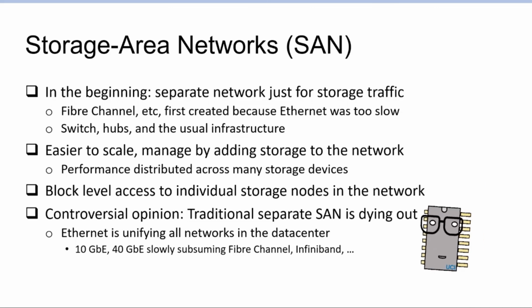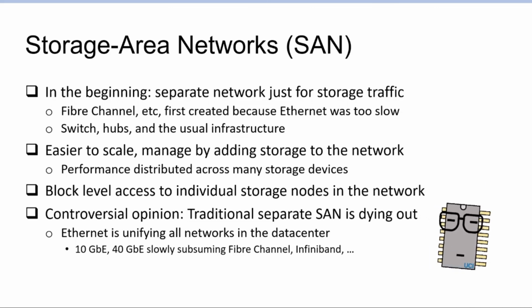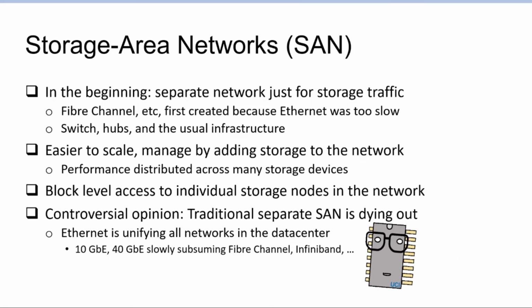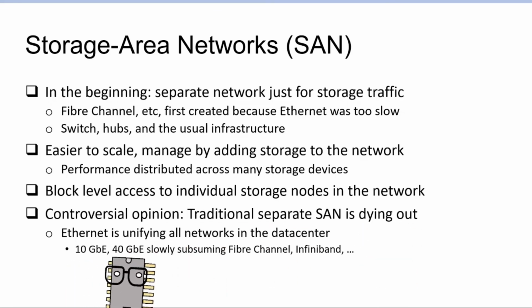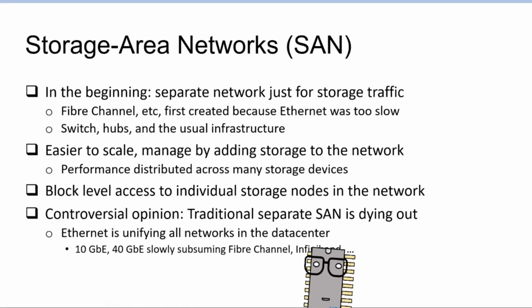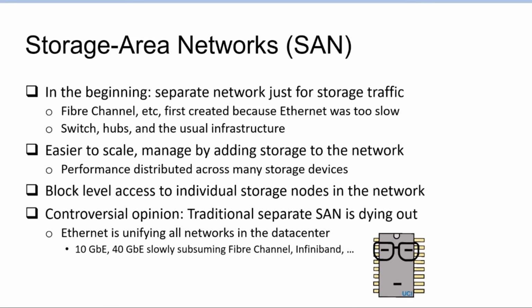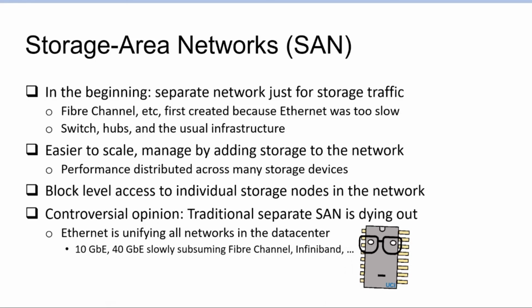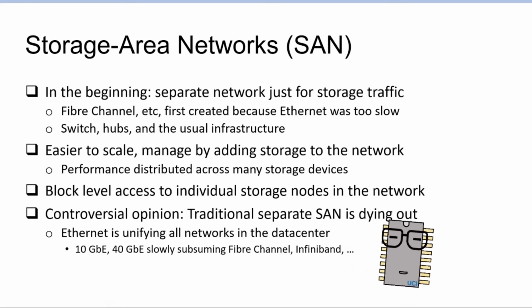A controversial opinion may be that traditional separate SANs are kind of dying out because Ethernet has become so fast, with 40 gigabit Ethernet, 100 gigabit Ethernet. Ethernet is pretty much unifying all networks in the data center. 10 gigabit Ethernet, 40 gigabit Ethernet, slowly subsuming Fibre Channel, even InfiniBand, although InfiniBand is very much going strong, but they are working towards unifying all the networks in the data center over Ethernet.